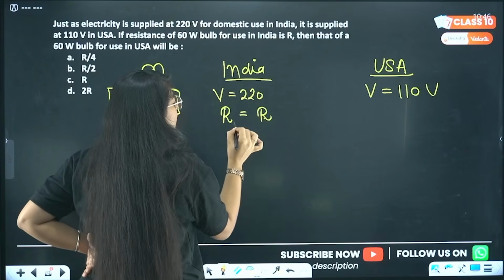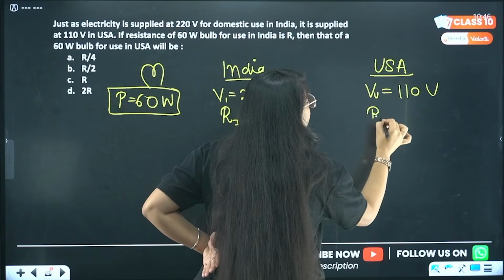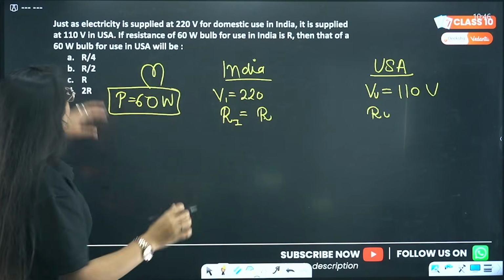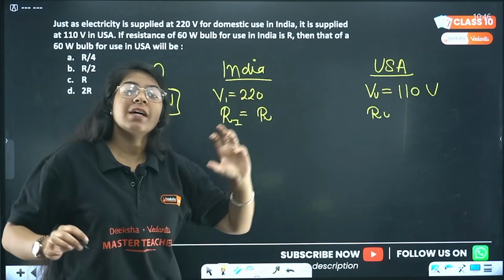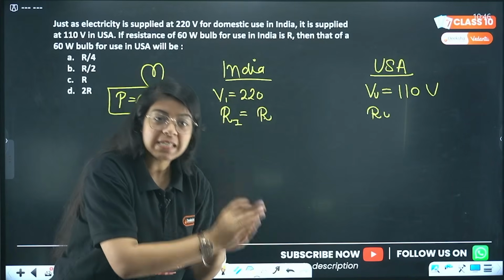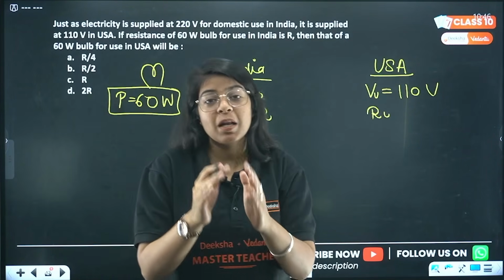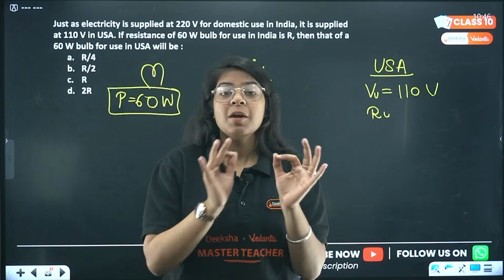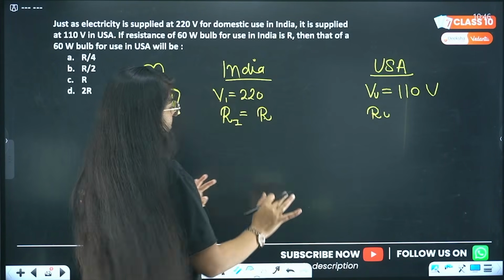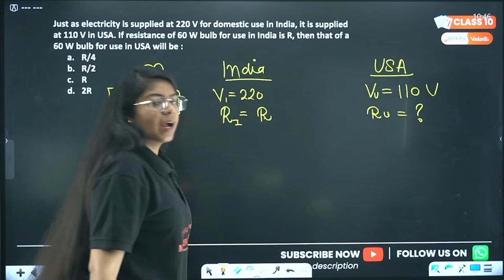Let's say this is India, this is USA, and they are asking what the resistance of the same 60-watt bulb for use in USA will be. So how much resistance of that bulb will be in USA for the same power but different voltages, right? So R of USA we have to find. Understood?